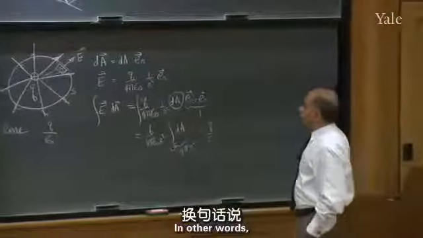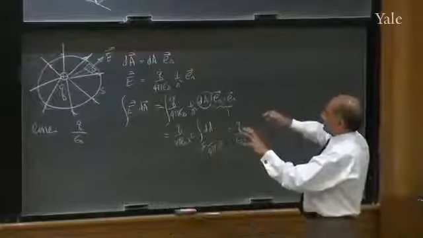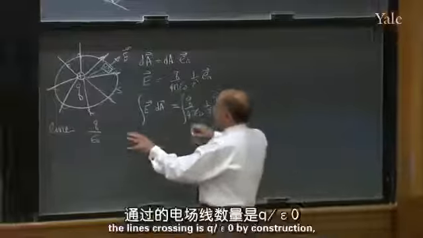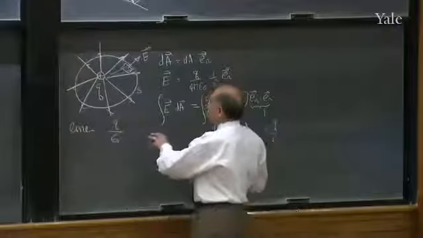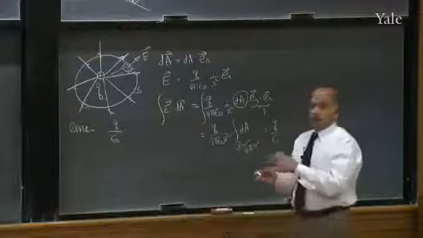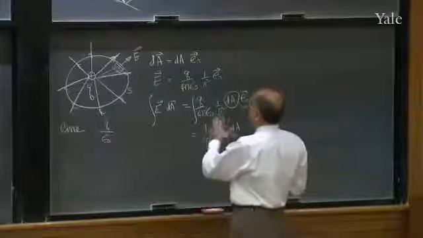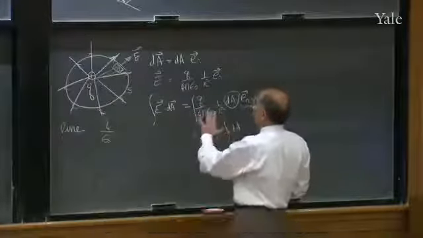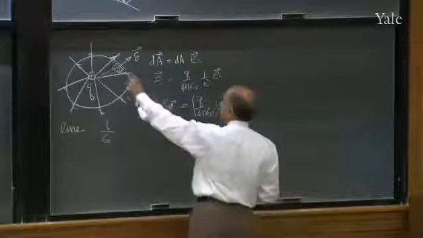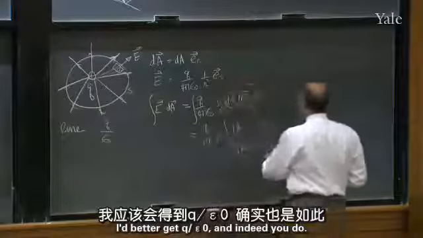In other words, either you can draw the picture and it's immediately obvious that the lines crossing it is Q over epsilon 0 by construction, or you can remember that the electric field is a direct measure of the number of lines per unit area. The electric field times area times the cosine of the angle between the area and the electric field will count the lines going through a tiny area. If I add them all up, I better get Q over epsilon 0, and indeed you do.